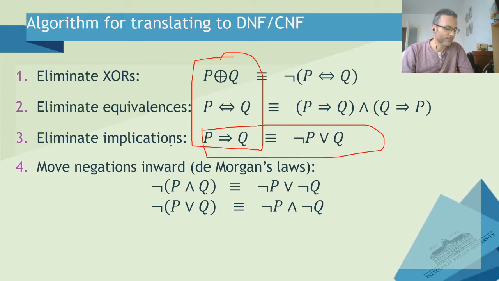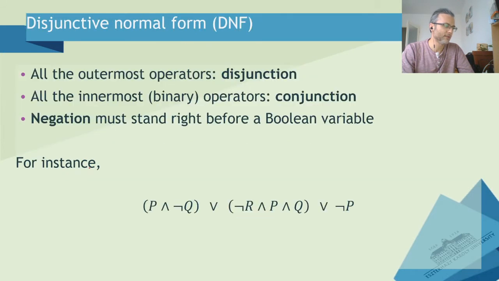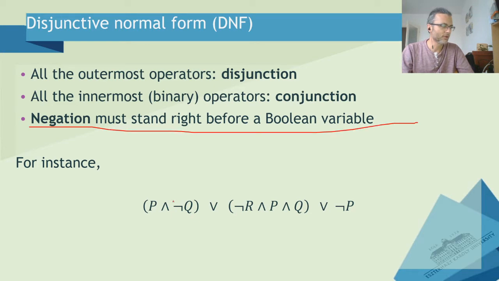And furthermore, in step 4, you have to move the negations inward. If you check out a CNF and a DNF, negations are allowed only in front of variables, nowhere else, only in front of variables.